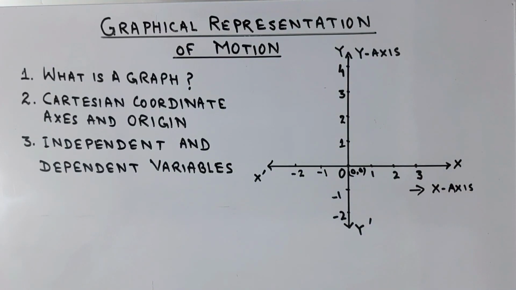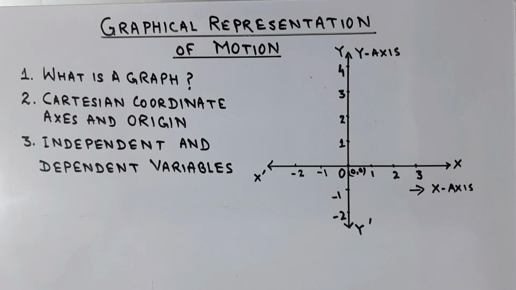If we have two physical quantities related to each other in such a way that if one quantity increases or decreases and the second quantity also varies either directly or inversely with the first quantity, then their variation can be represented on a graph.